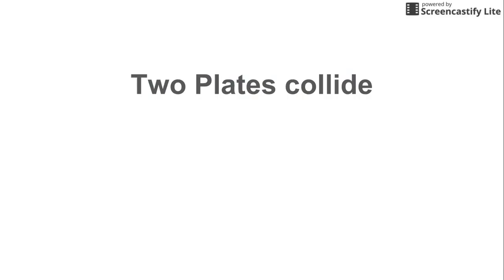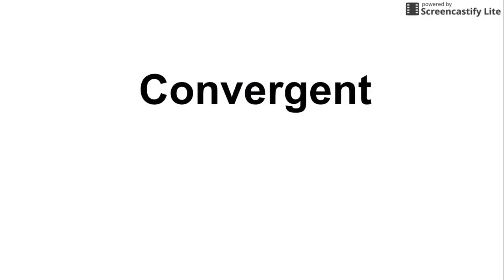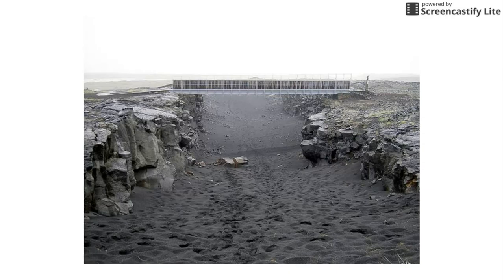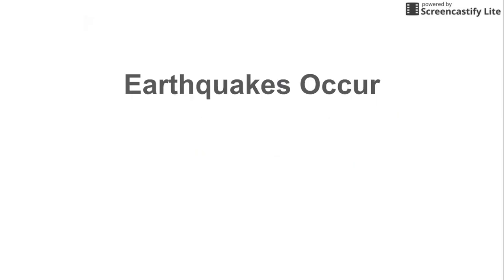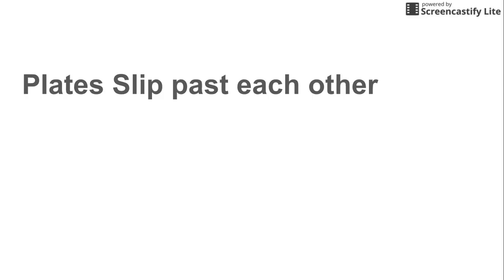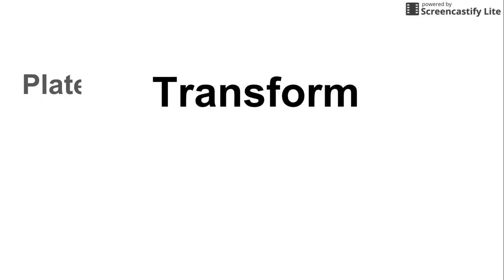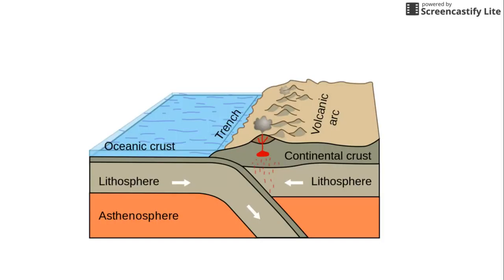When 2 plates collide, we call this a convergent boundary. This is an example of a divergent boundary. Earthquakes occur at transform boundaries. When plates slip past each other, we call this a transform boundary.